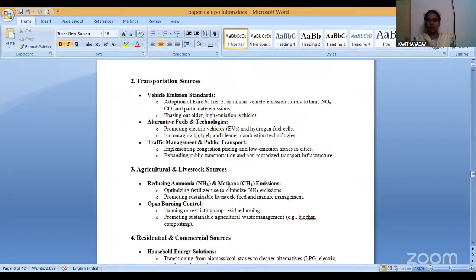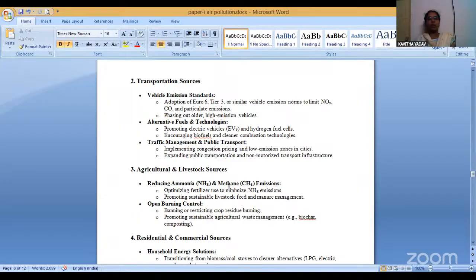Manure management is the most important thing to control smells and flies in our surroundings, in our houses. When we maintain manure at a good level, that is very good.